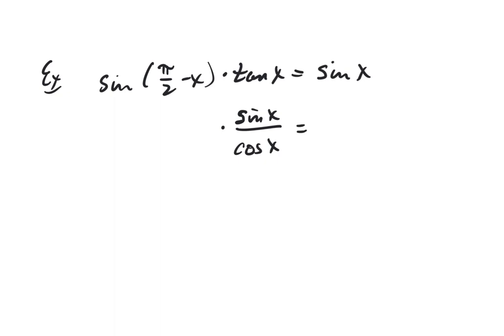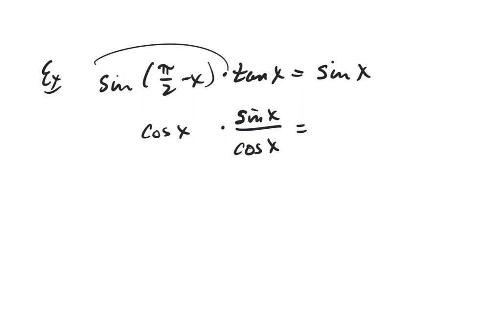Then you've got to look way down that left-hand column, way down towards the bottom, and the sine of pi over 2 minus x, even though this looks kind of crazy, is right there on your trig sheet. It's about 3/4 of the way down that page, and they're called cofunction identities. And the sine of pi over 2 minus x is equal to cosine of x.